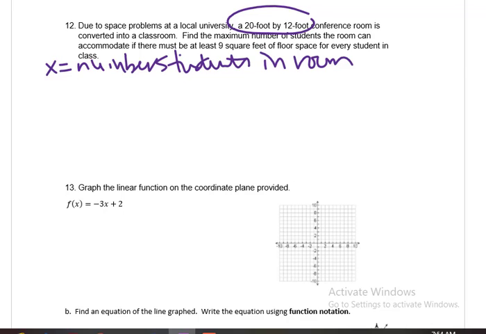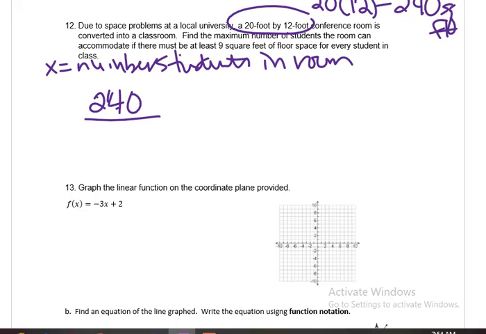Since it is a 20 by 12, looking for area of the room, we get 240 square feet.